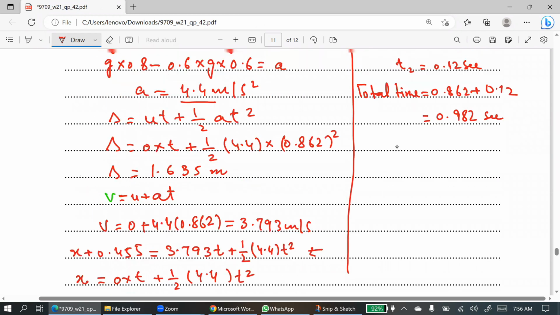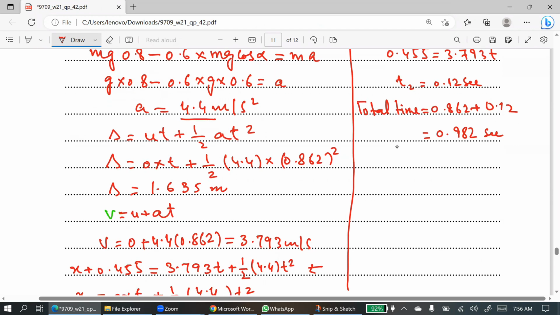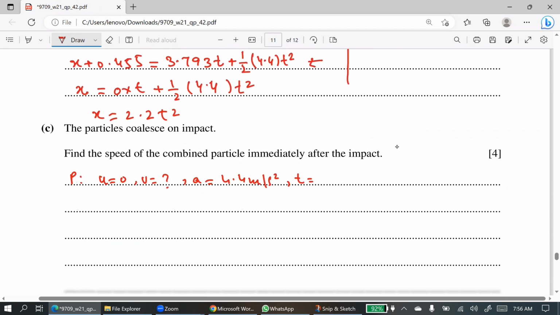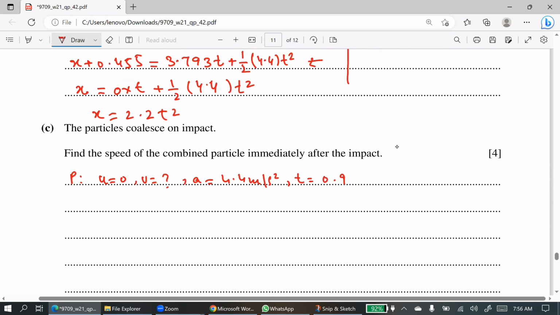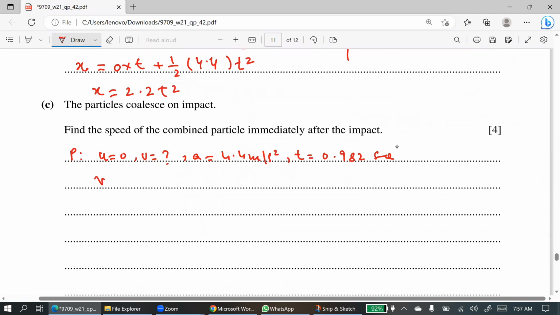0.982 seconds. So the final speed is V is equal to U plus at, V is equal to 0 plus 4.4 into 0.982.